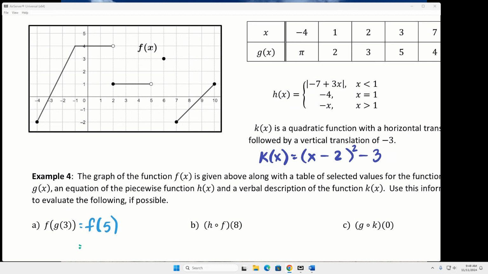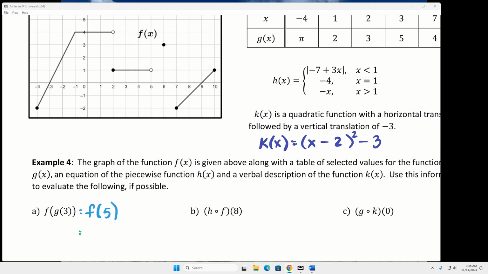This is a weird situation. Does the graph have a value when x is 5? No. The open circle means it's not there. So that's okay. That happens sometimes. What do you think that means? It does not exist, or undefined is a little bit better terminology, but yeah, undefined. That happens. That's okay.